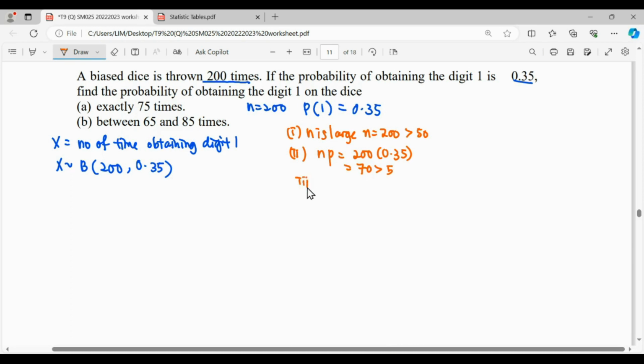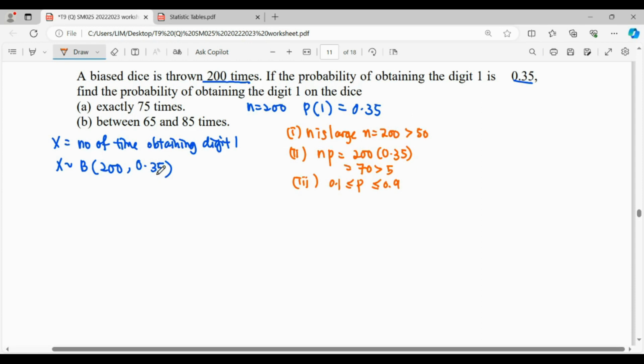And the third one, we notice that the probability is between 0.1 and 0.9. So this distribution fulfills all the criteria to be changed to normal distribution. So it is more suitable to use normal distribution to approximate this binomial distribution.